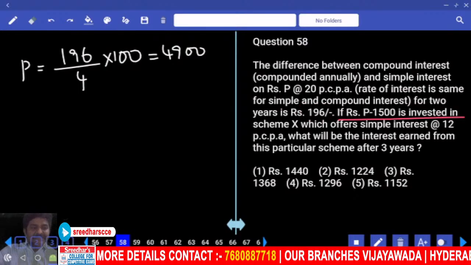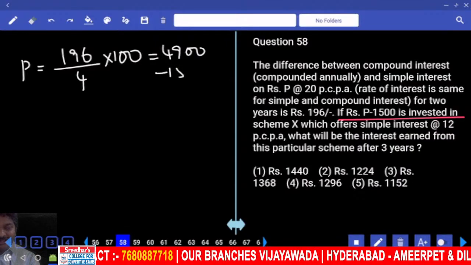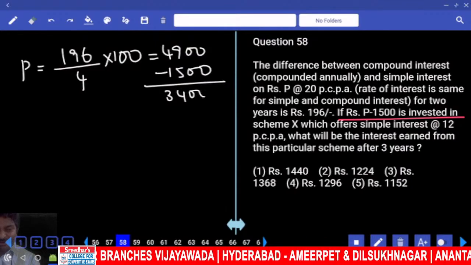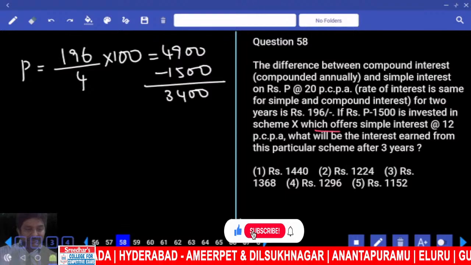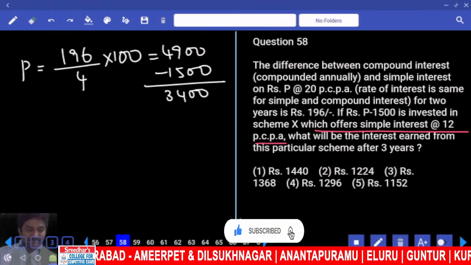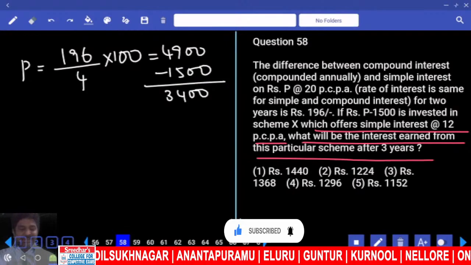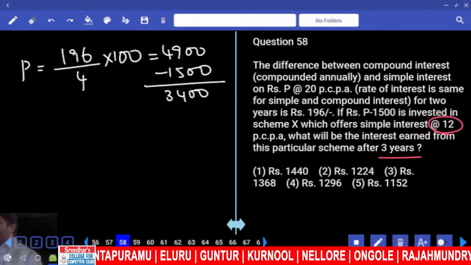If P minus 1500 rupees, that is 3,400, is invested in scheme X, which offers simple interest at the rate of 12% per annum, what will be the interest earned from this scheme after 3 years? I don't need any value. First of all, look at 12% simple interest for 3 years.